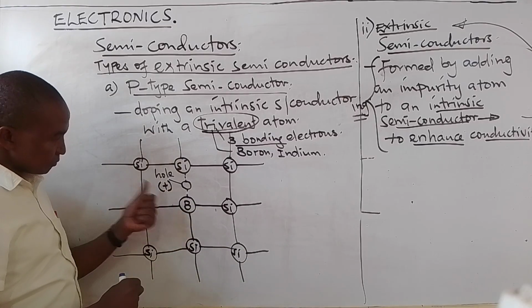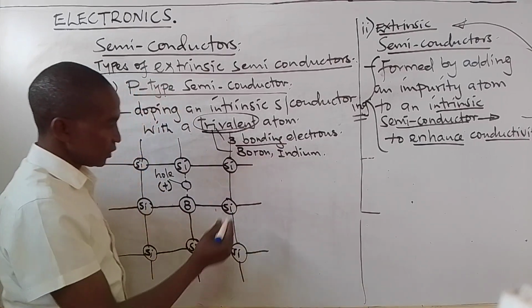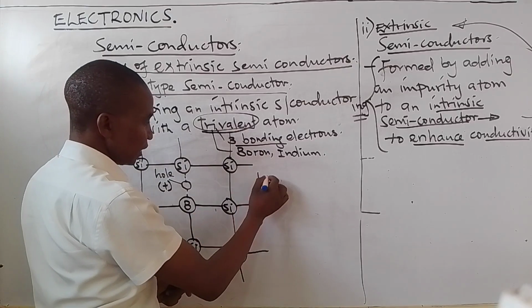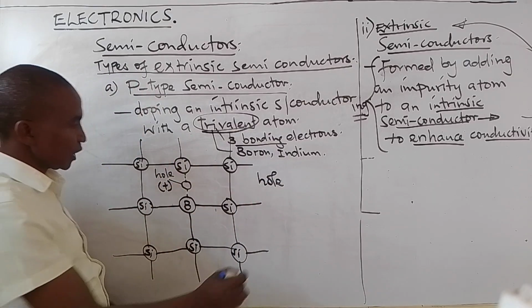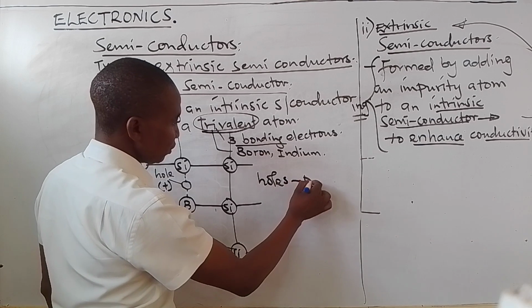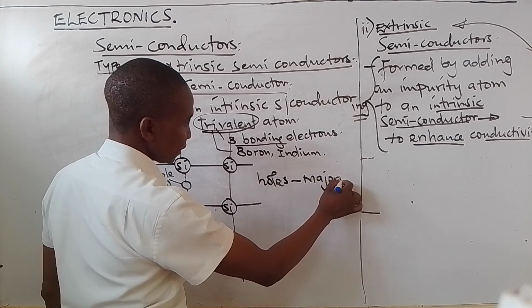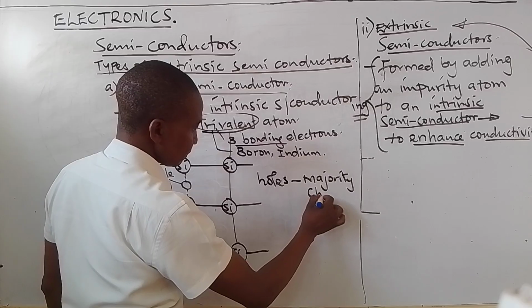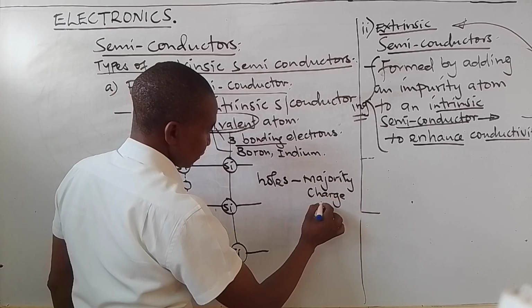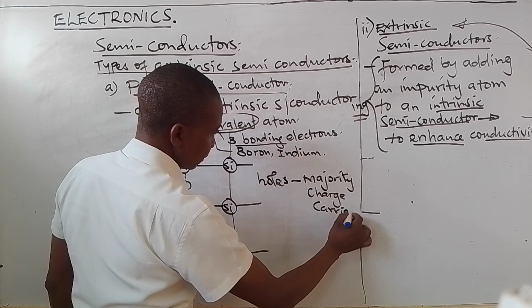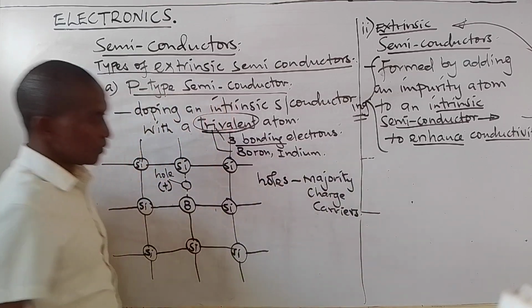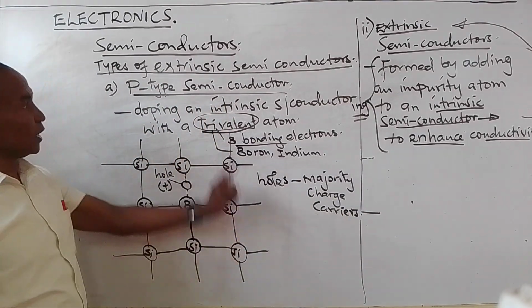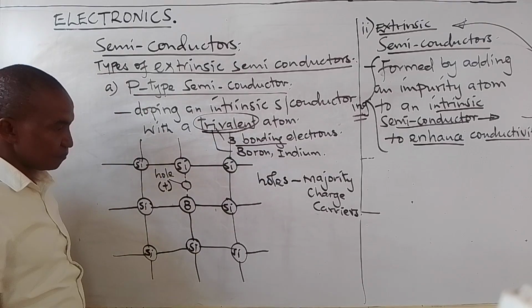So this hole will act as the majority charge carrier. In a p-type semiconductor, holes are called majority charge carriers.